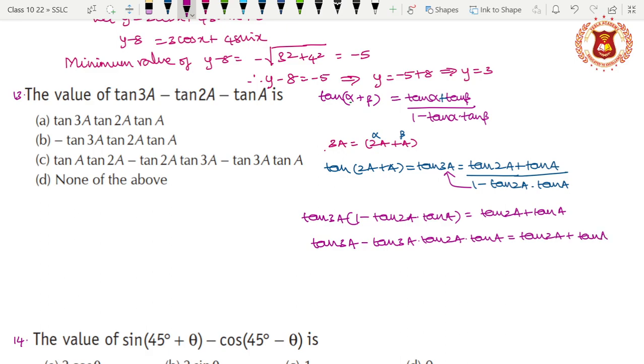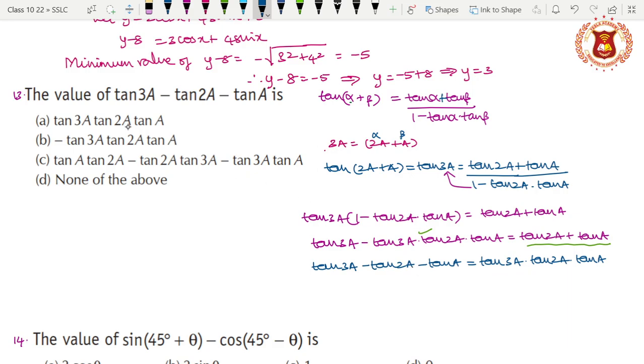Now I send this term to the LHS and this term to the RHS, and you will get the answer. Tan 3a minus tan 2a minus tan a is equal to tan 3a into tan 2a into tan a.